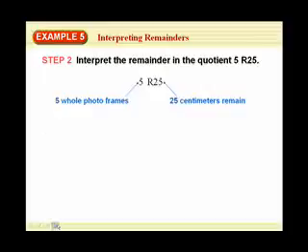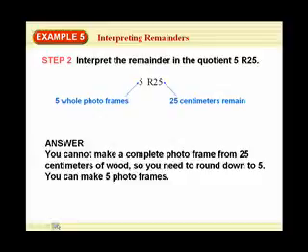So 5 remainder 25. The 5 means we can make 5 whole photo frames. There's 5 50s, 5 whole ones, but there'd be 25 centimeters remaining. Remember, it takes 50 to make the frame, so we would just have extra. So we could not make another photo frame, so we would only be able to make 5 with some left over.